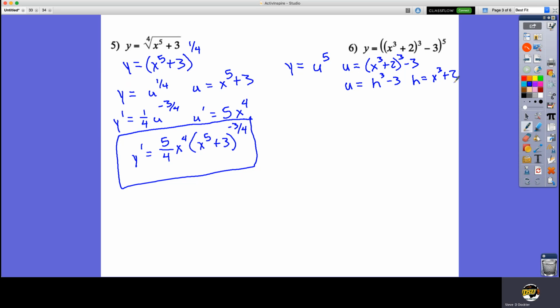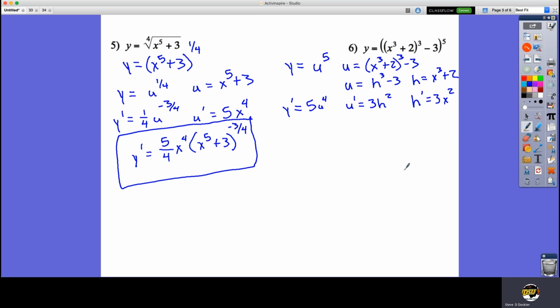All right. So from there, now we're going to take the derivative of each one of those. So y prime is 5u to the 4th. u prime is 3h squared. And h prime is 3x squared.